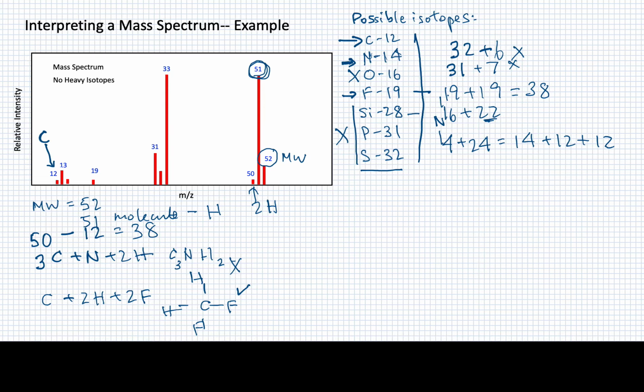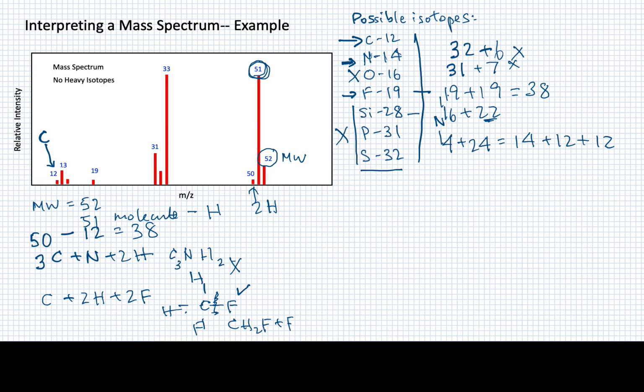But how can I be assured that this is the case? Well, one way I can do it is to see if I can construct each of these masses using a fragment from this molecule. Suppose I lose a fluorine atom. If I start with breaking this bond here, then I would end up with a CH2F fragment and a fluorine.